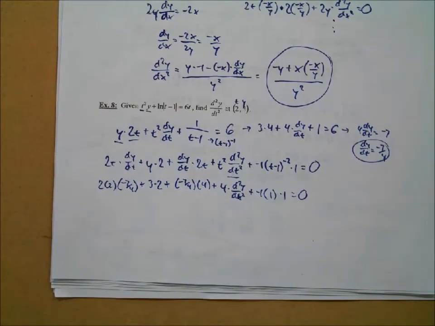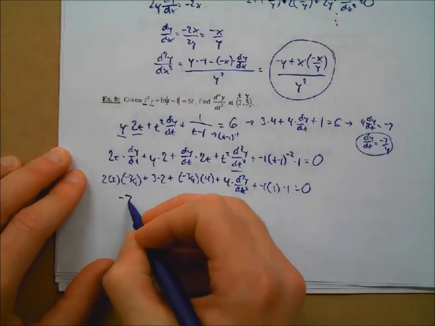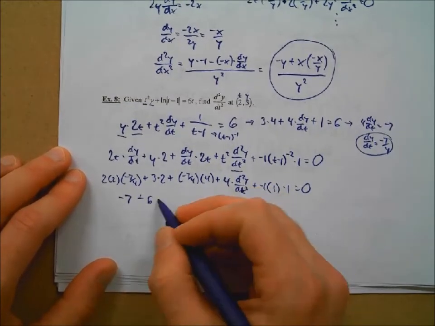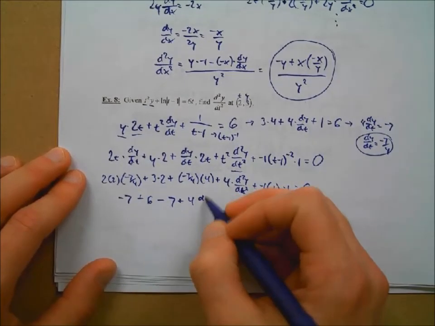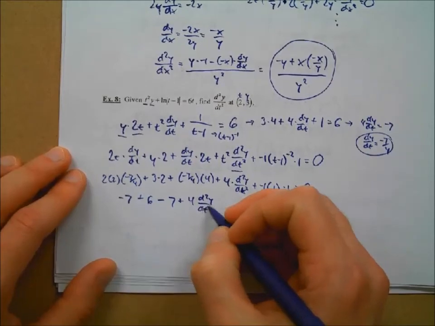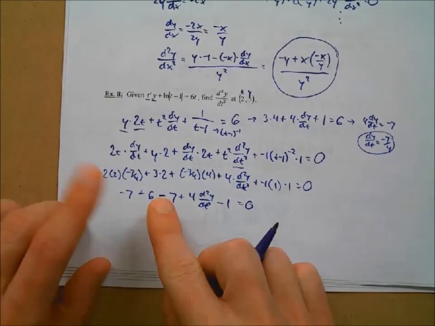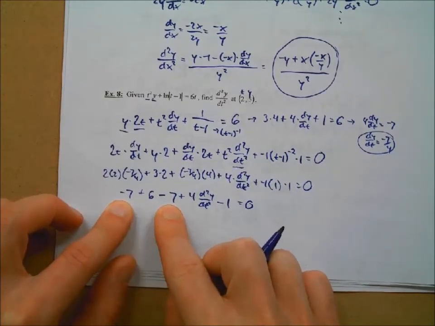Okay. So let me simplify the sum. 2 times 2 is 4 times negative 7/4 is negative 7 plus 6. Negative 7/4 times 4, negative 7, so minus 7, plus 4d squared y over dt squared, and then minus 1 equals 0. Negative 7 plus 6, negative 1, minus 7, negative 8, minus 1, negative 9.